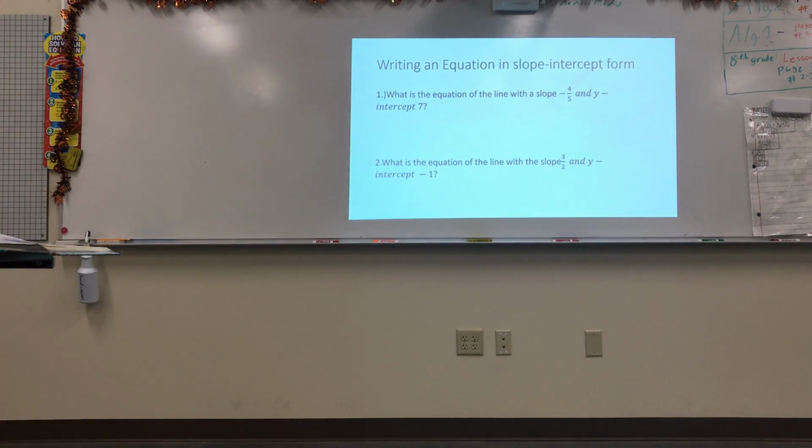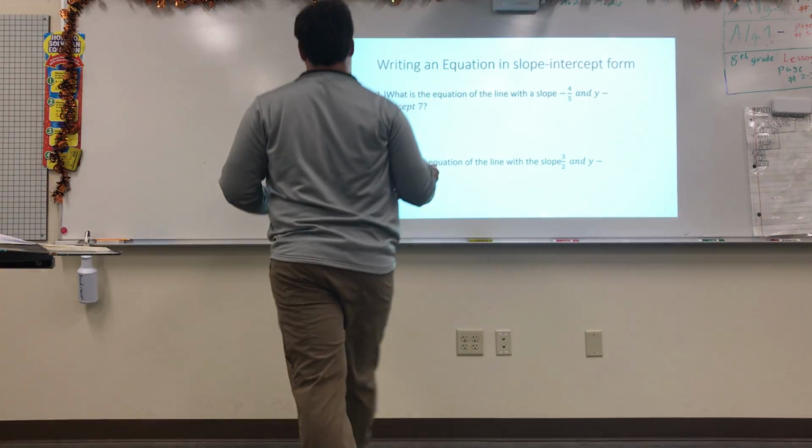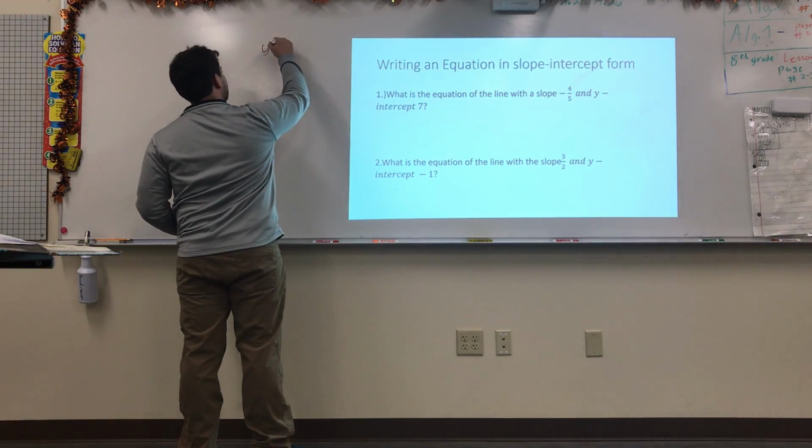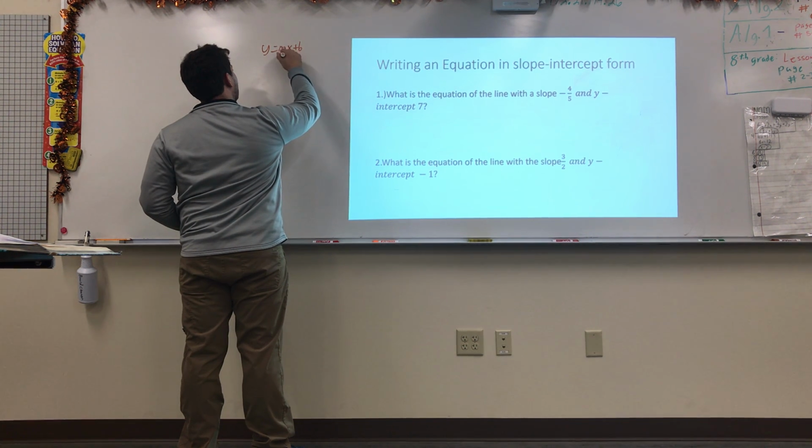Okay, what is the equation of the line with slope -4/5 and y-intercept 7? Well, once again, looking at this equation, y equals mx plus b. This is slope.